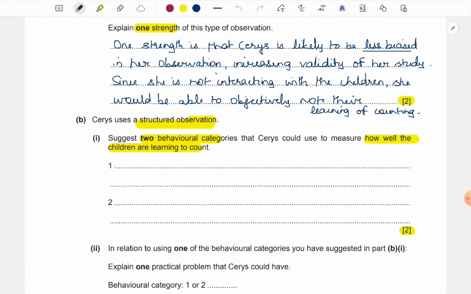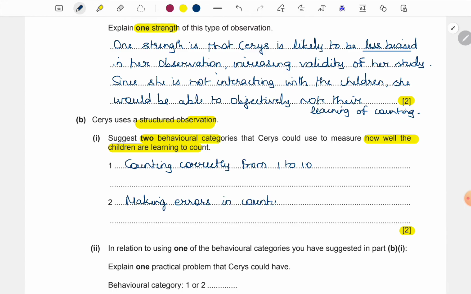So one example I would give is counting correctly from 1 to 10, and another example I would give is making errors in counting.